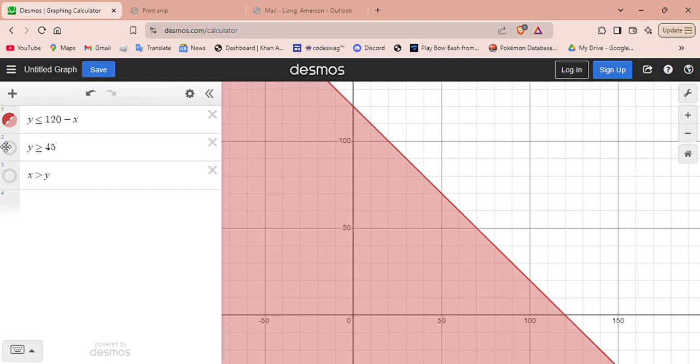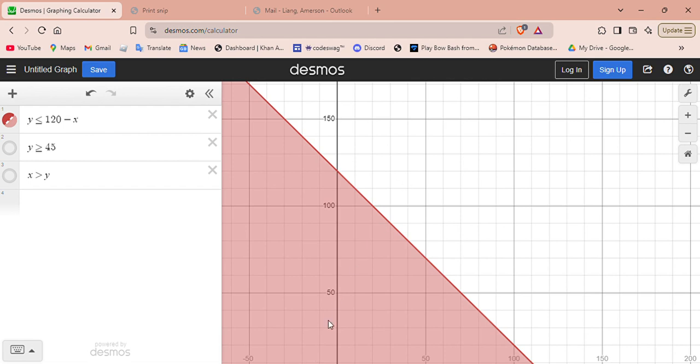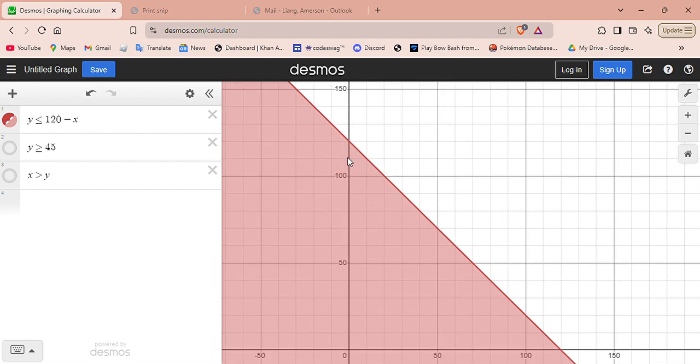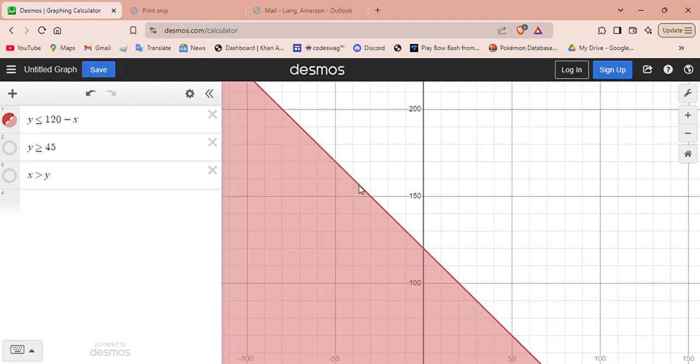It's a y is less than inequality, so it has to be below the line, not above. The y is going to get smaller and smaller, and it's infinite because it's a line.